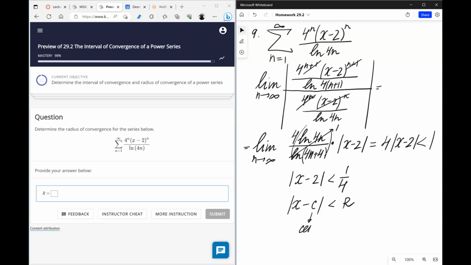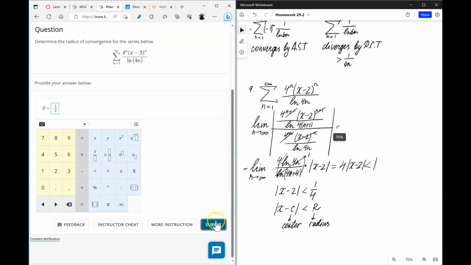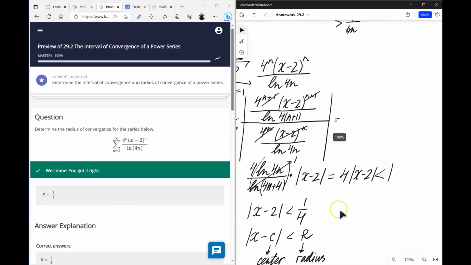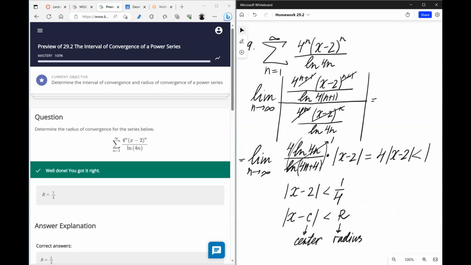So this is our center, and this is our radius. And we can see, the question here is only asking for the radius, so the radius is 1/4. We're not concerned with the interval itself, but rather just the radius. So that means we don't have to check the points at the ends of the interval, which is good news.